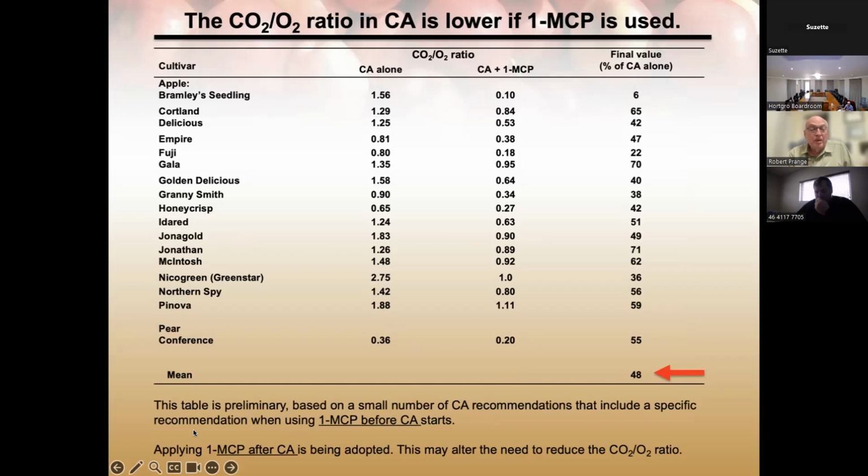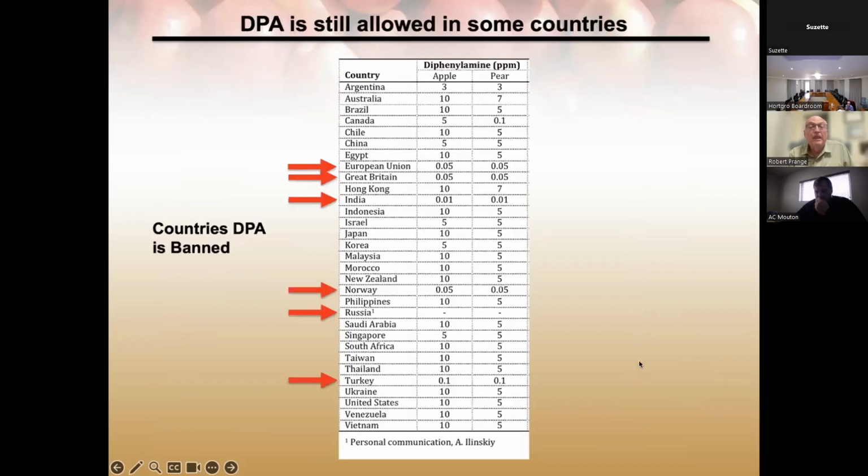Keep in mind that applying MCP after CA is being adopted, there's a lot of practice now of MCP added at the end of CA, maybe 3-4 months in storage or thereafter. This may alter the need to reduce the CO2 oxygen ratio recommendation. Okay, so that's a cautionary comment.